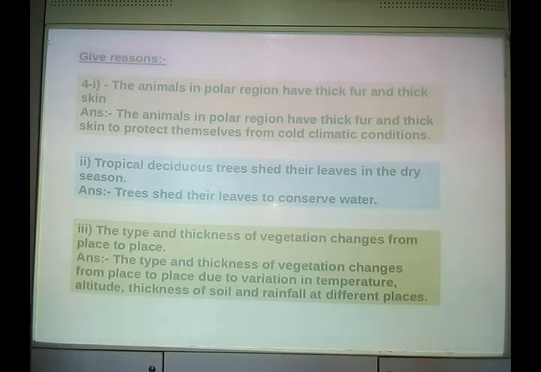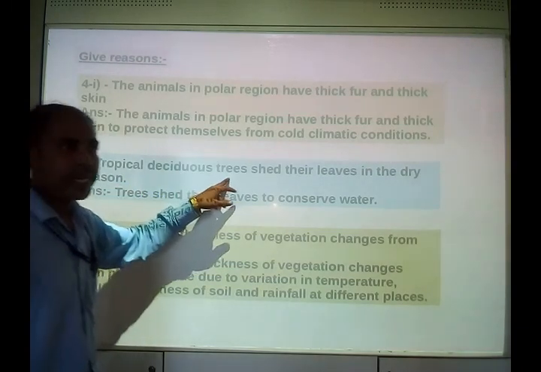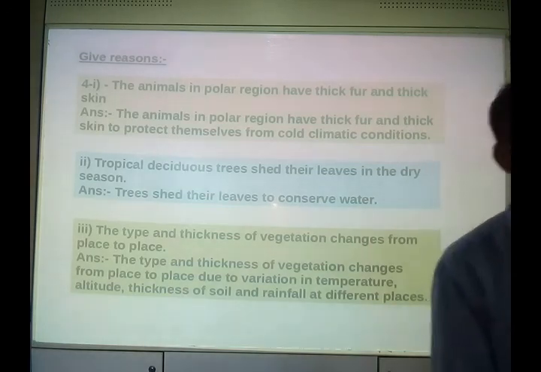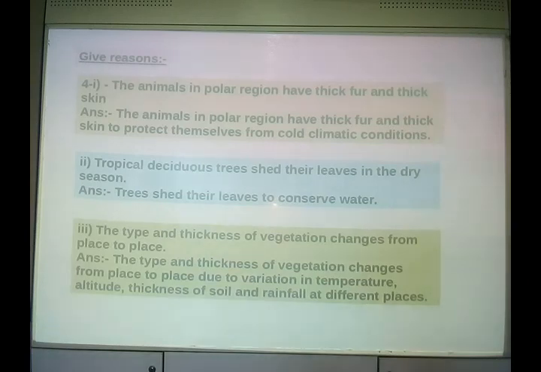In deciduous forest type of zone, during the dry climate, there is a scarcity of water. So in order to protect or save the water which is inside the tree, they shed their leaves.